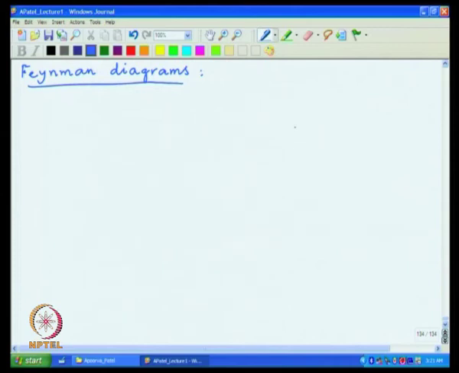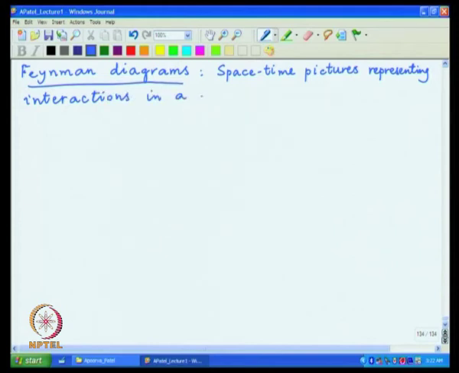These are nothing but space-time pictures representing interactions in a perturbative framework.